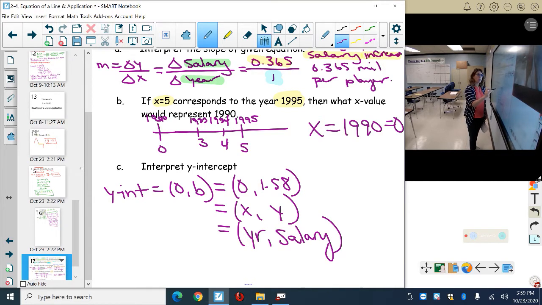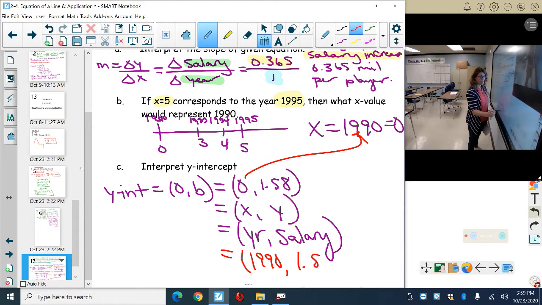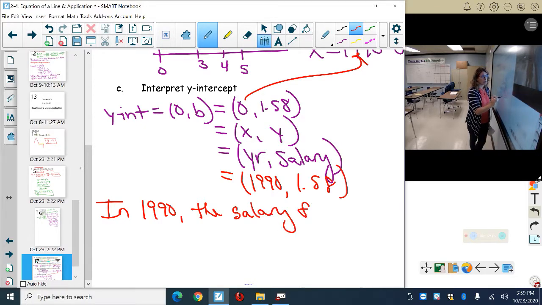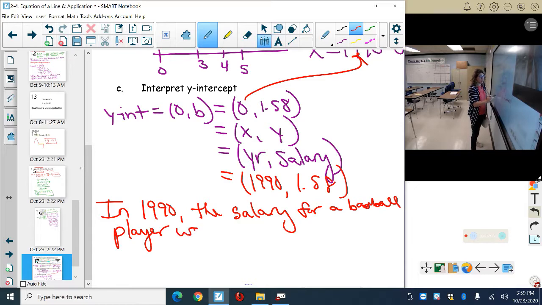Okay? So we said that 0 corresponds to 1990. And the salary is 1.58. So what this means is in 1990, the salary for a baseball player was 1.58 million.